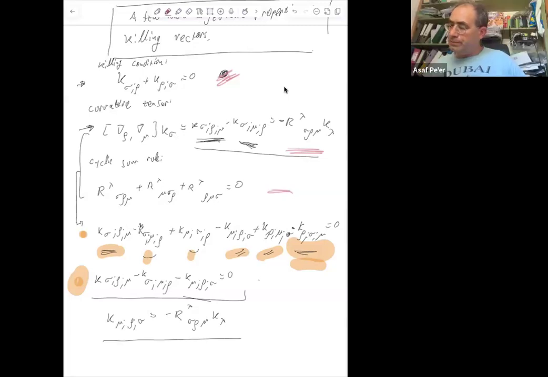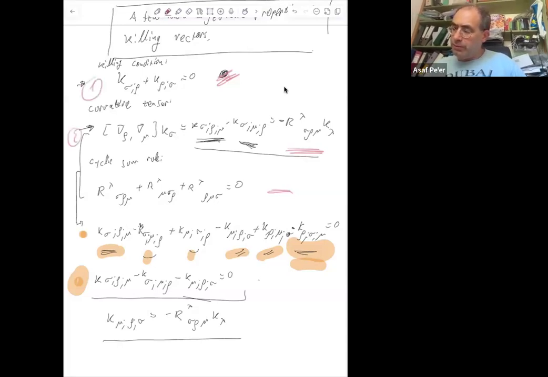This would be 1, this would be 2, and this would be 3. So I use 2 and 3 together to write down this equation here. And then I just use the Killing condition again to reduce it to that equation. And then I wrote equation 2 again using that equation.